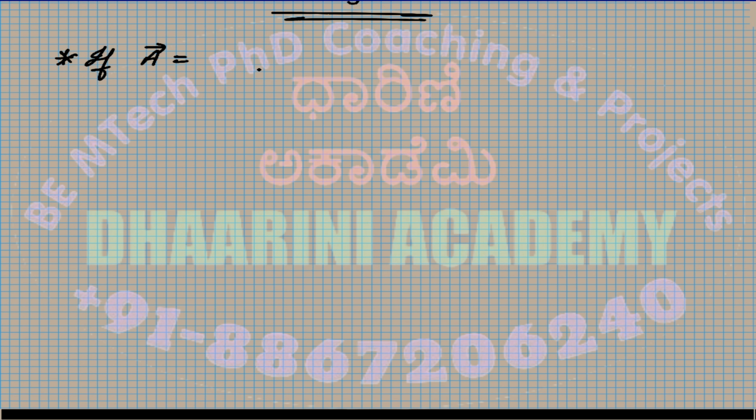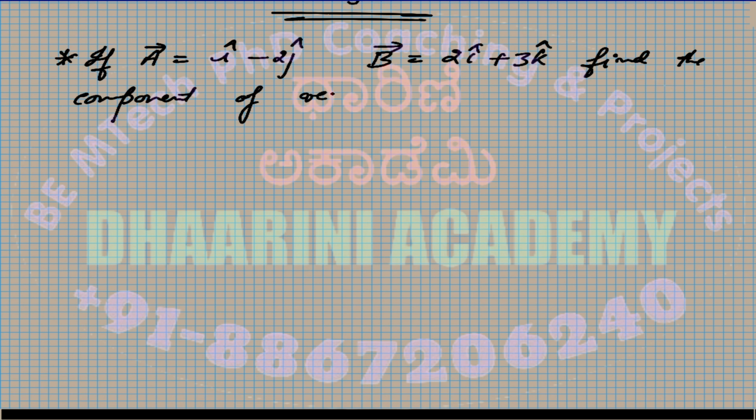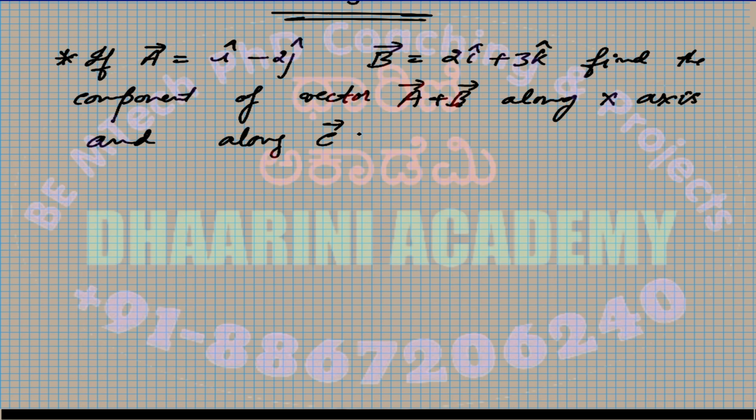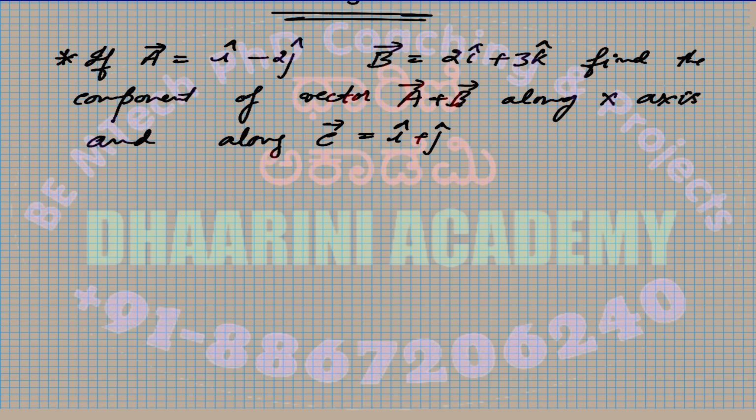If vector A is given by I cap minus 2j cap, and vector B is given by 2I plus 3 times k cap, find the component of vector A plus B along x-axis and along vector C, which is I plus J. So we have two questions here.